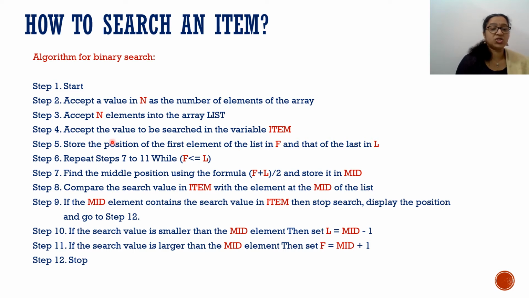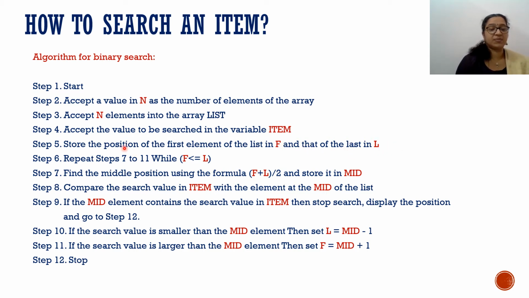First time F is equal to 0 because in an array the index number starts from 0 onwards. So F is equal to 0 and the last, n is the limit, so n minus 1 is the last. So L is equal to n minus 1, F is equal to 0.